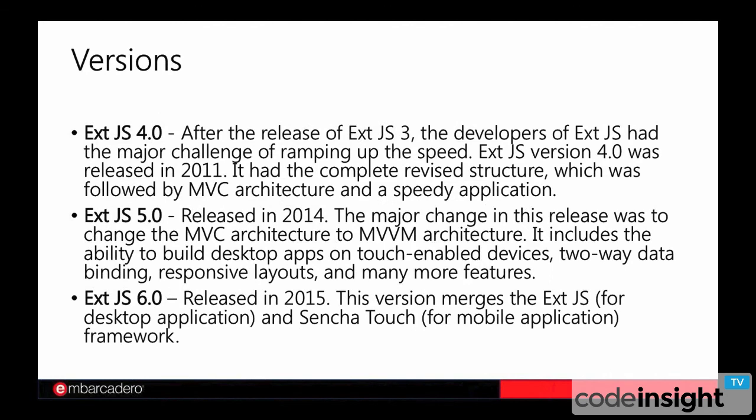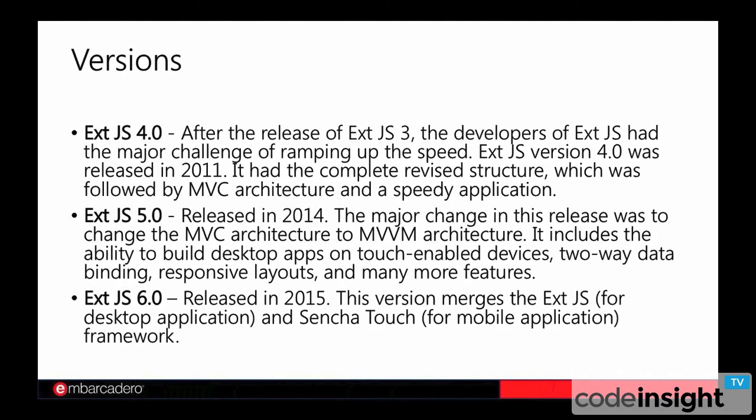Also, this release added support for the MVC architecture. The 5.0 marked the change from MVC to the MVVM model, also with support for touch devices and more. Finally, in 6.0, both frameworks, the original ExtJS and Sencha Touch, were merged into one unique framework.